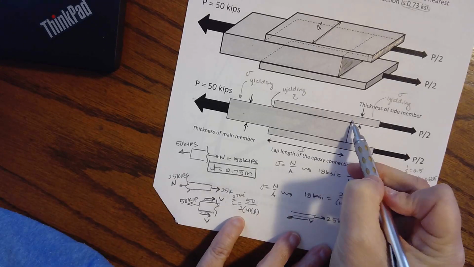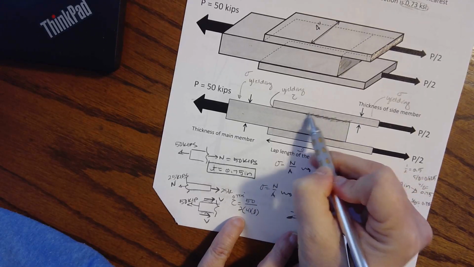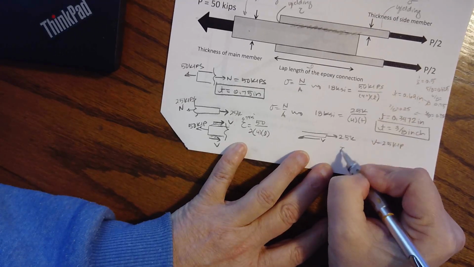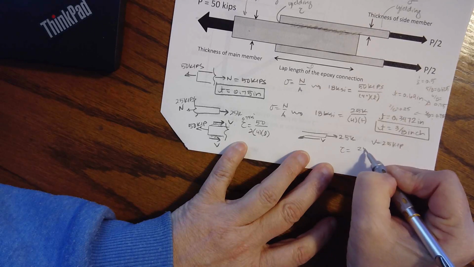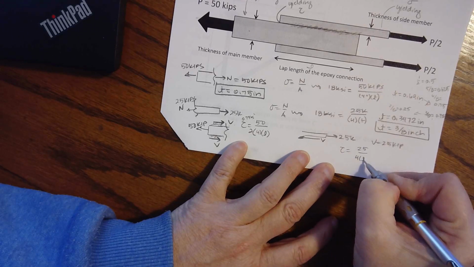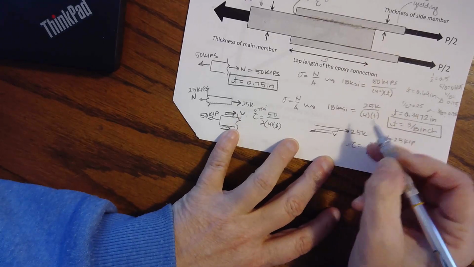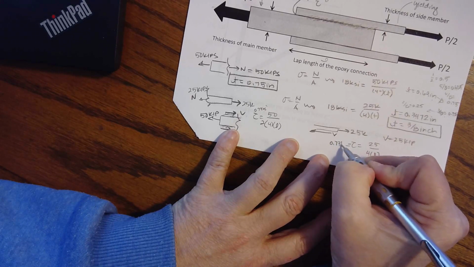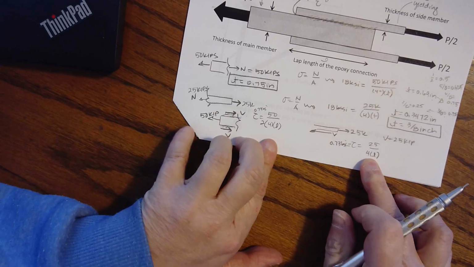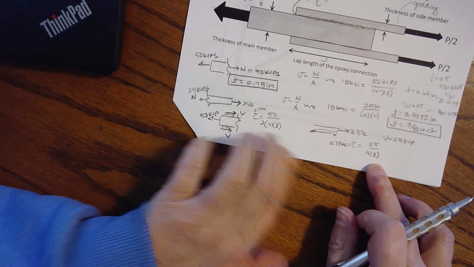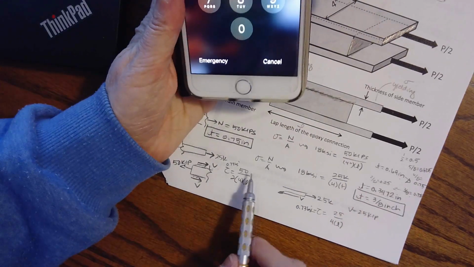This time, we're just looking at the area associated. So again, we're going to have shear stress equals 25 divided by 4 length, and that allowable stress was 0.73 KSI. Either way, we're going to get the same answer because here it's 50 over 2, which is 25, okay?